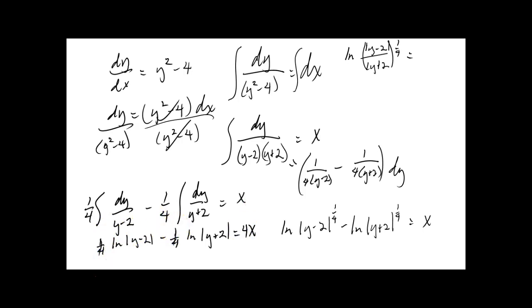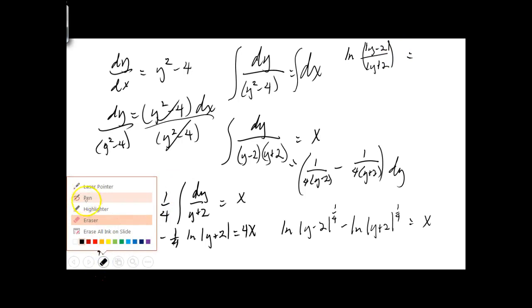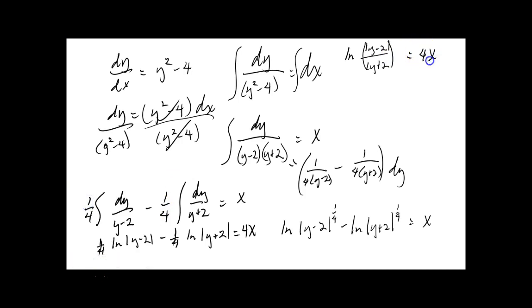Okay. I like that. So now this would be just the difference of these two, and we don't have to have them raised to a power, and this is equal to 4x. Now we still haven't dealt with the c. We really need to.